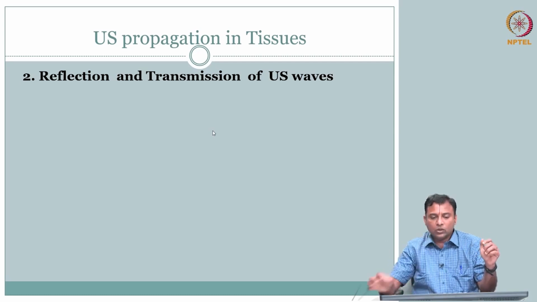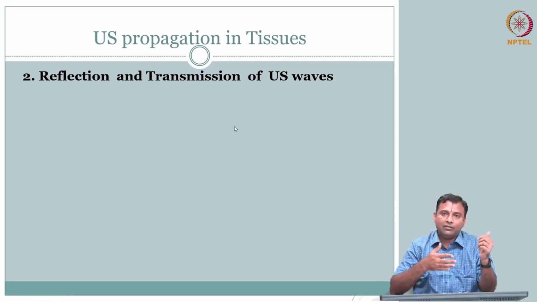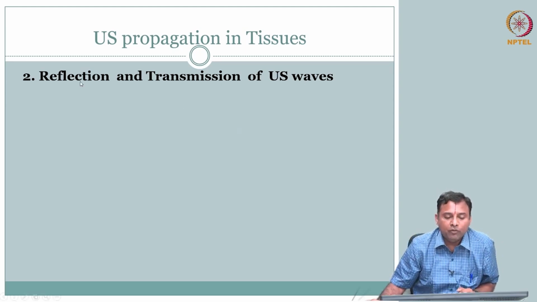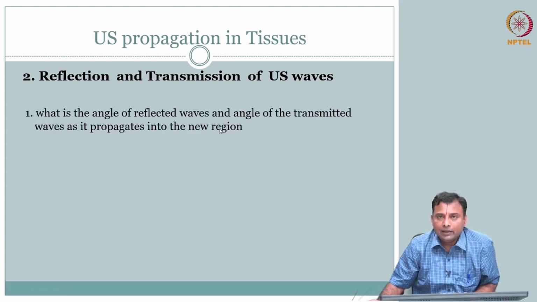So now the question is, what happens if I encounter a different medium? So I send the wave, and now the wave is going to go from one medium to another medium. Then how do I describe it? What are the interactions and how do I describe? So we are going to talk about reflection and transmission of ultrasound waves when it is going from one medium to another medium.